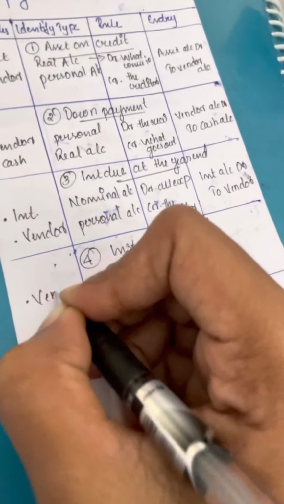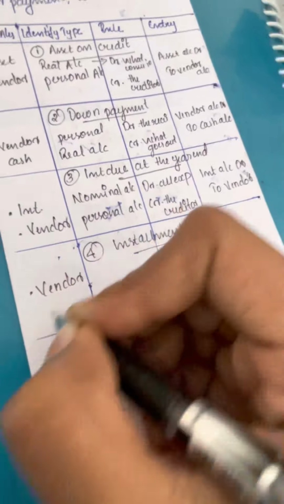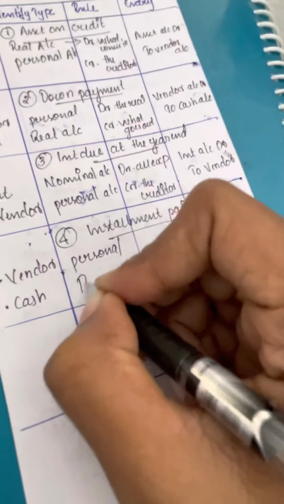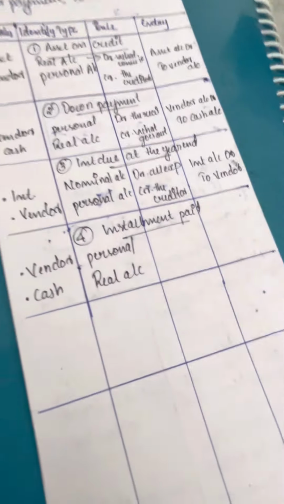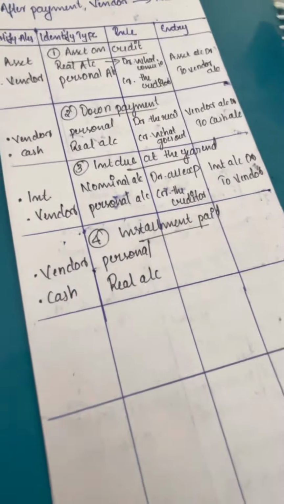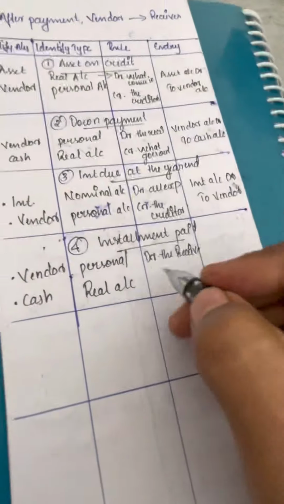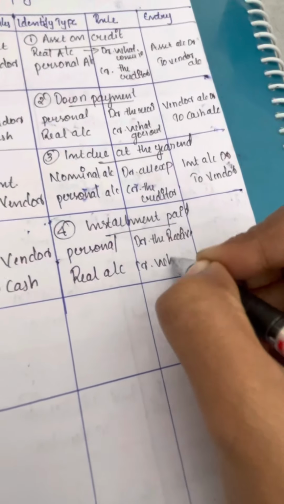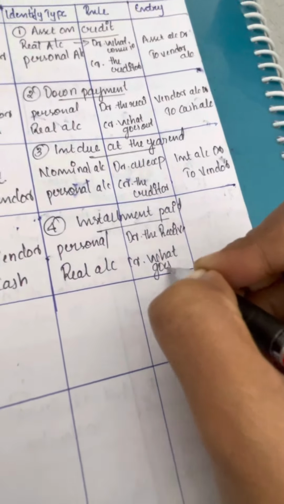Vendor is a personal account and cash is a real account. In the case of payment, the vendor becomes the receiver, so debit the receiver. Here the cash goes out from us, so credit what goes out. So the entry is vendor account debit to cash account.